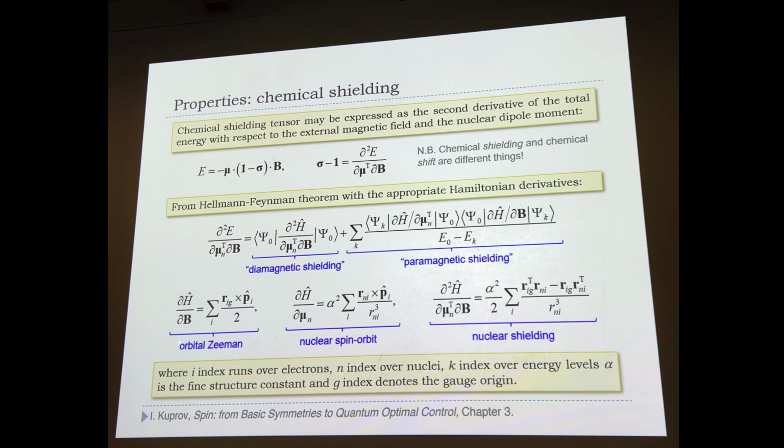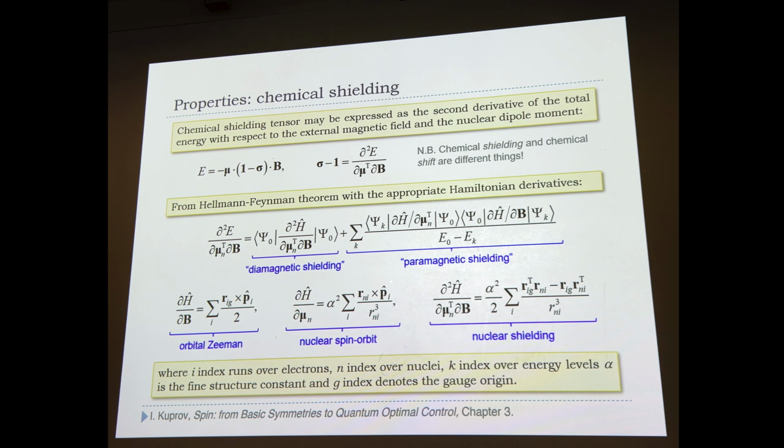The familiar old orbital Zeeman interaction turns up in dH by dB. dH by d mu, if you look at it, is what's left of that vector potential of a magnetic dipole that went into the spin part of the Hamiltonian of the molecule, and you can see the orbital angular momentum-like expression, except the orbital angular momentum refers to the electron and the distance is to the nucleus, and so this is called nuclear spin orbit coupling, right?